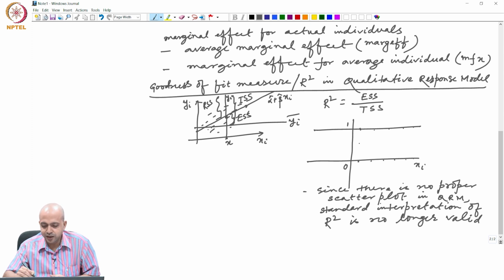And unless I get that type of regression line, I cannot apply the ESS by TSS formula to get the R square. So what we need to do is derive alternative measures of R square.